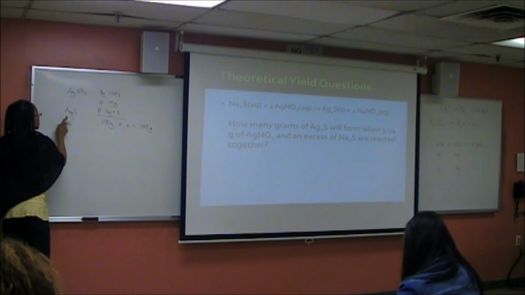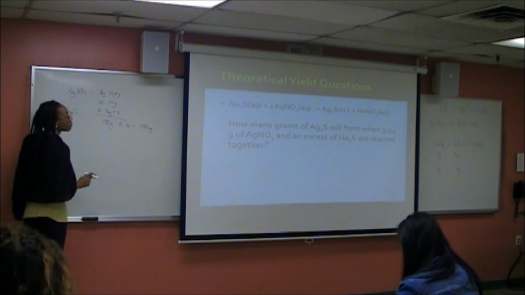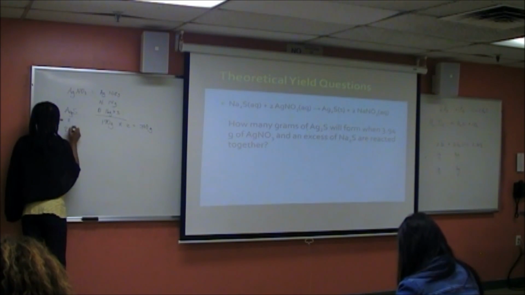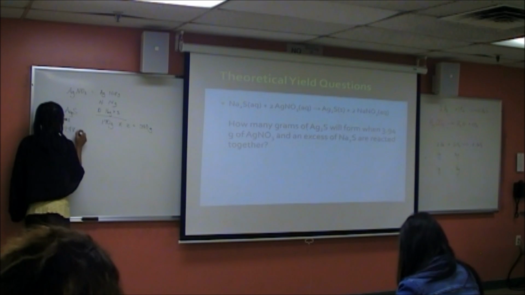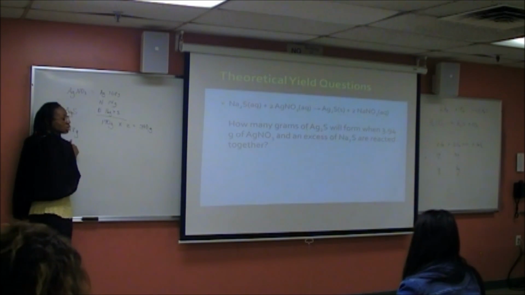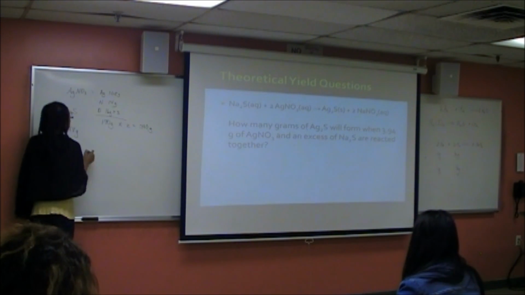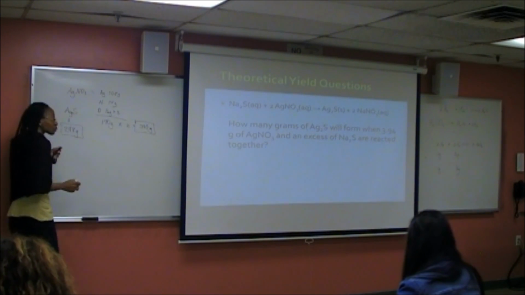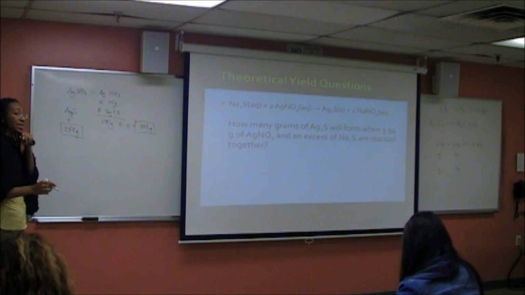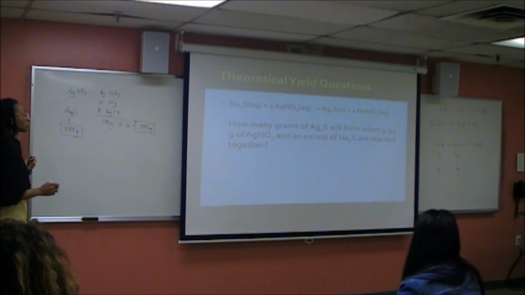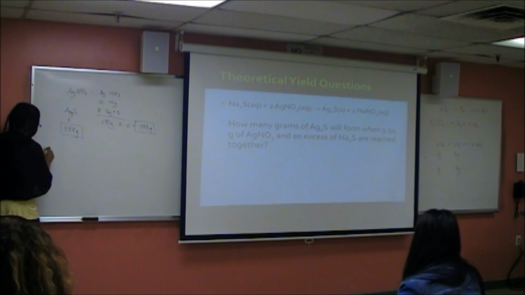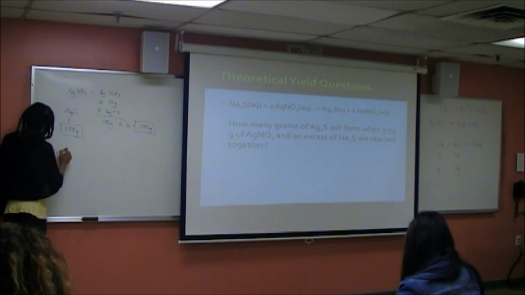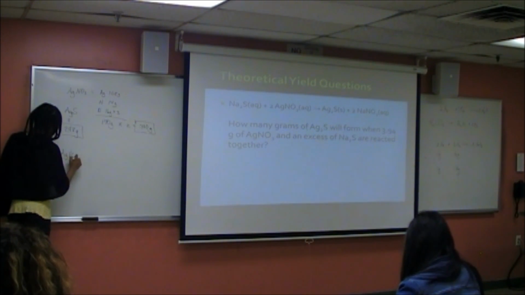Now your silver sulfide, what do we have here? 248 grams. What's our coefficient? 1. Good. So we have our two masses. What goes on the outside? 3.94 grams of silver nitrate.